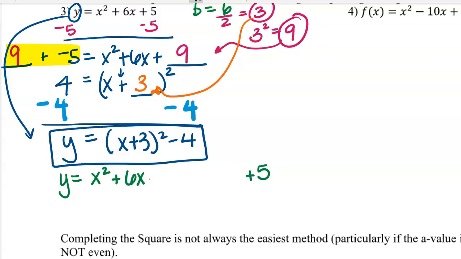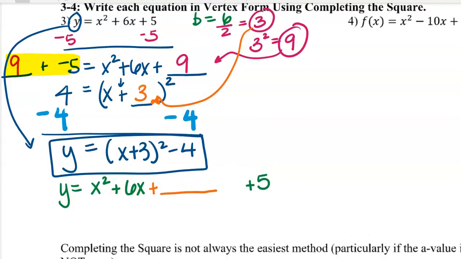Then I'm going to go in and add a blank space here. This is where we are still going to do half of b and then square it. This is where the 9 is going to go in. Well, but here's the part, guys. We just added 9 on one side of the equation. That is now imbalanced. So to make it balanced, we are going to subtract 9 right away.